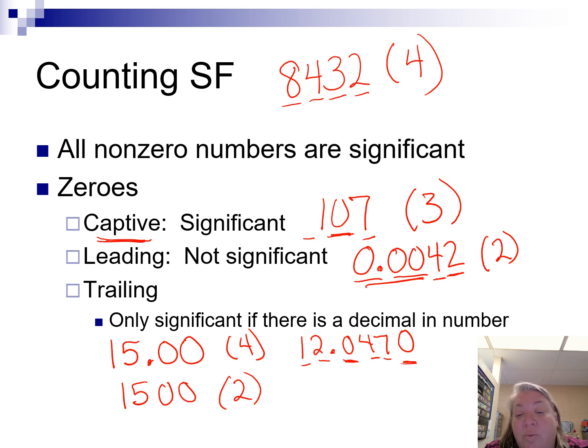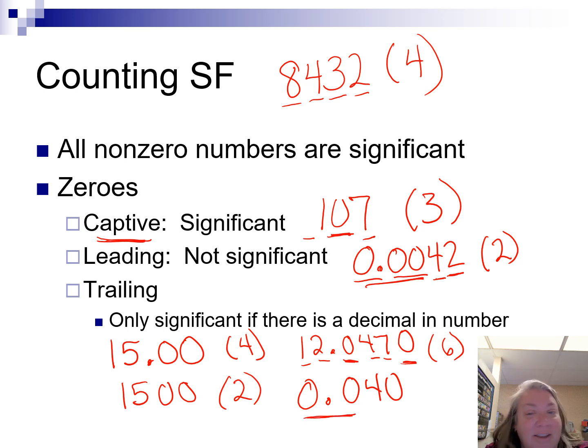So this number has 1, 2, 3, 4, 5, 6 sig figs. Okay, one more. 0.040. Try this one. We have leading zeros, not significant. 4, non-zero, always significant. And then we have this trailing zero. Decimal in the number, yes, it's significant. This one has 3. Let's try a few more examples.